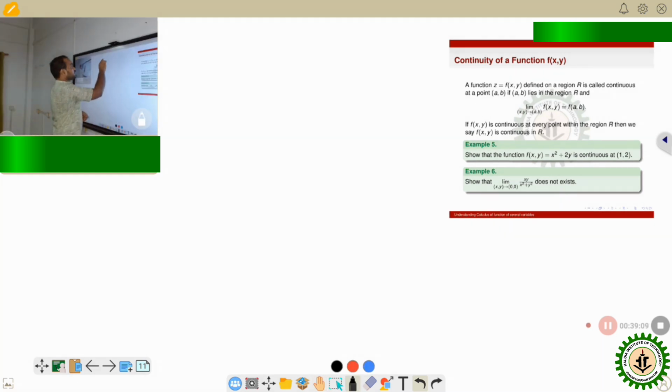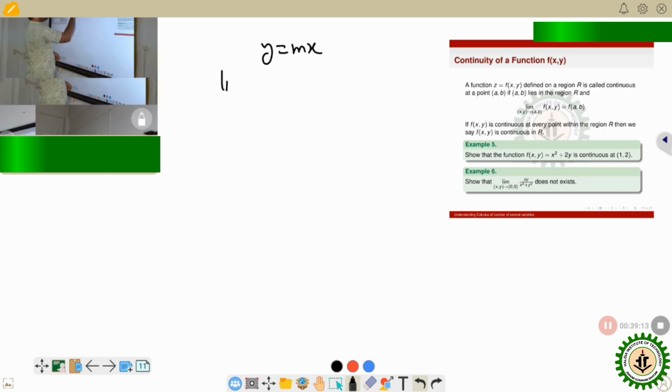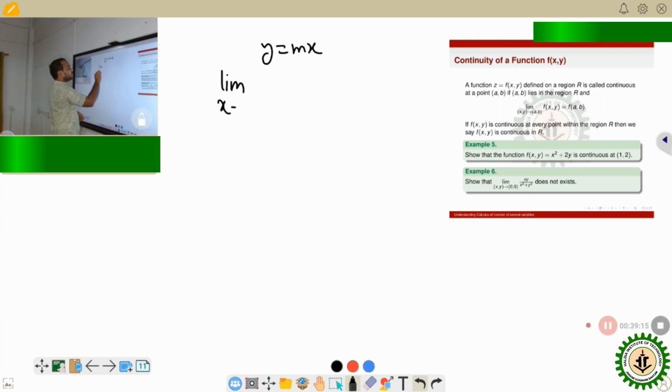So suppose we are choosing the path y equal to mx. So the limit of this function will basically change to x tending to 0. Since we are going to approach xy to 0, 0, that means as x tends to 0, y will again be 0. So reducing the number of variables, you will get m x square in the numerator, and the denominator will be x square plus m square x square.